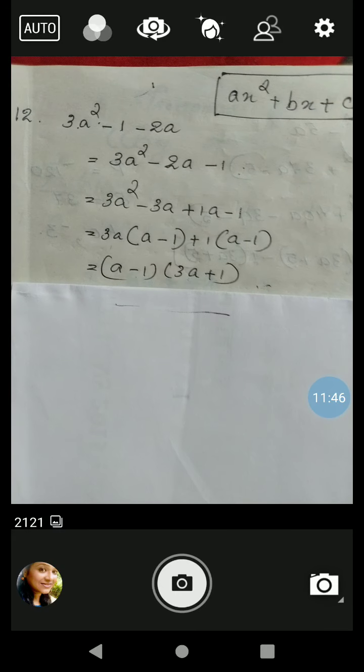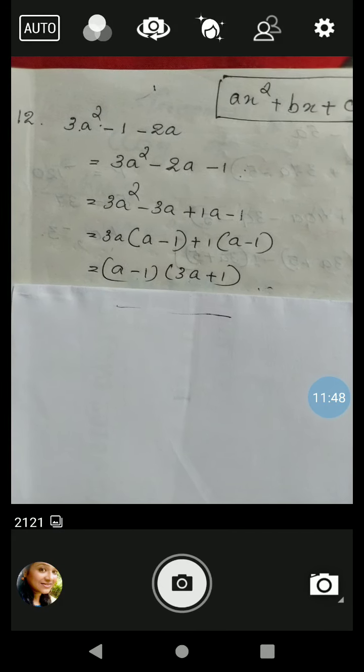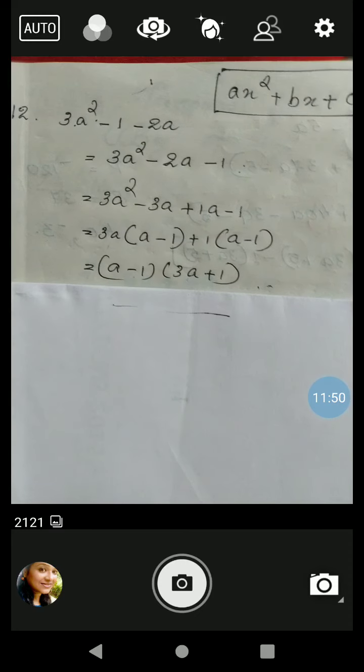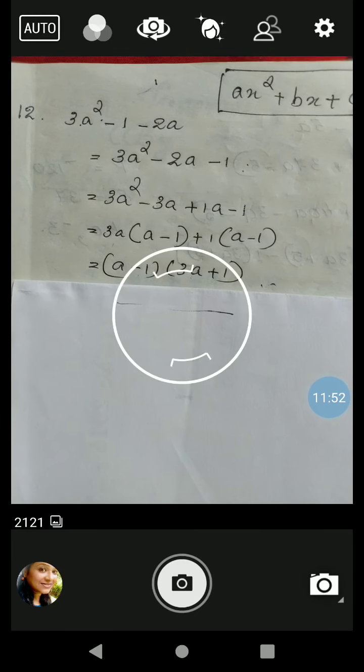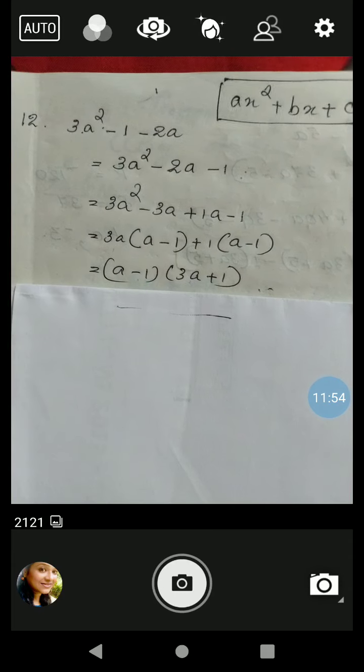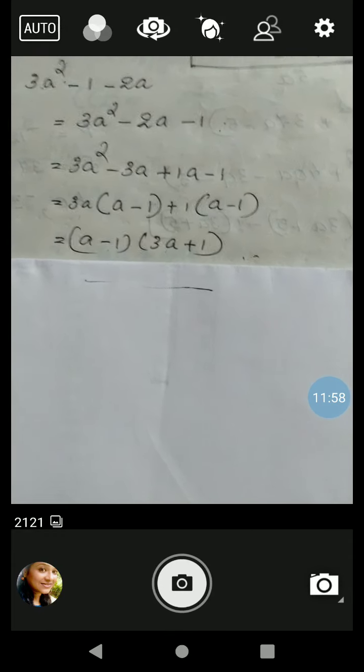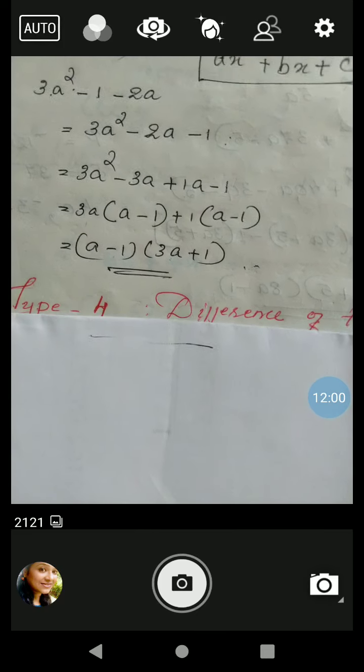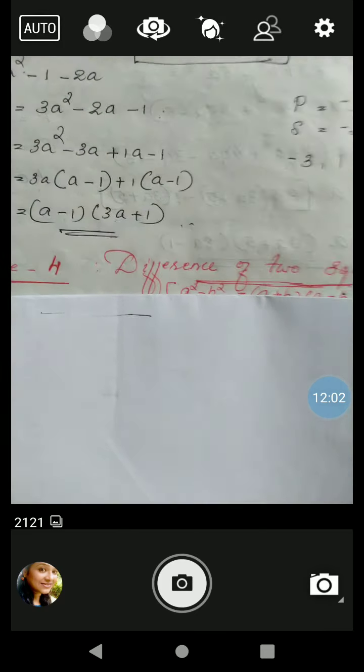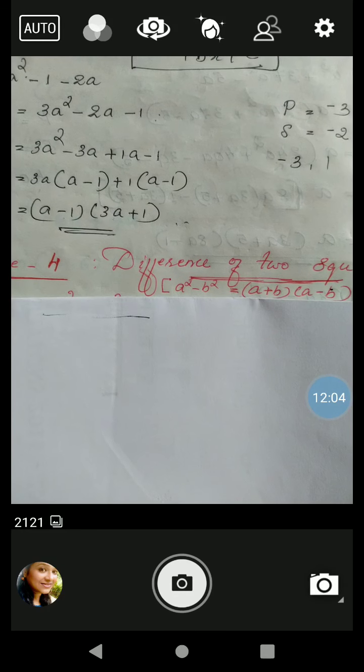Now we are going to learn about type 4, the fourth type. The fourth type is difference of two squares. Type 4, difference of two squares.